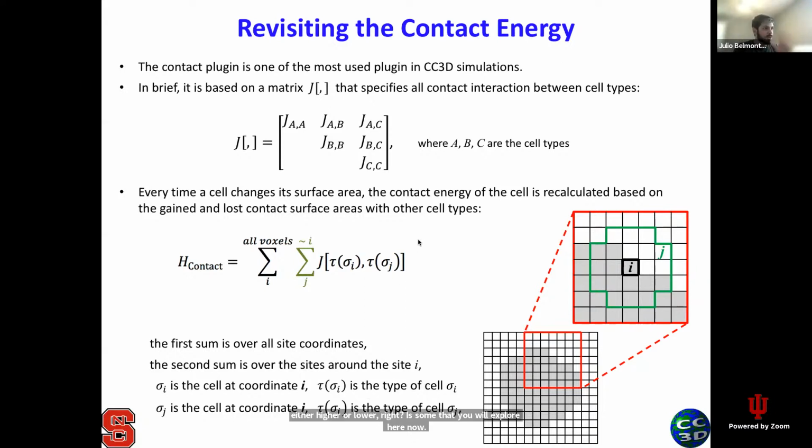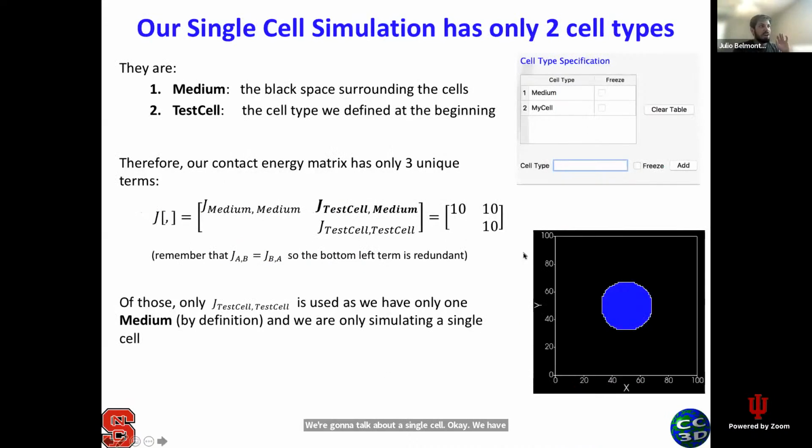So let's start to understand what the contact energy does when we talk about a simulation of a single cell, okay? When you have just a single cell, your contact matrix looks like what you had before, right? You have just a medium and my test cell. So we have only 3 unique terms, but because we only have one cell, we have only one contact energy to worry about.